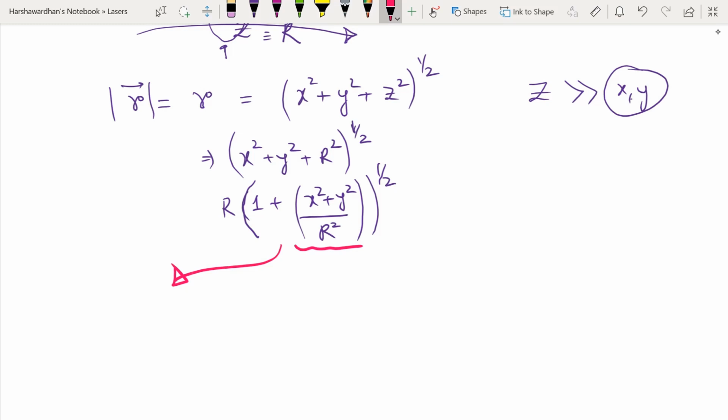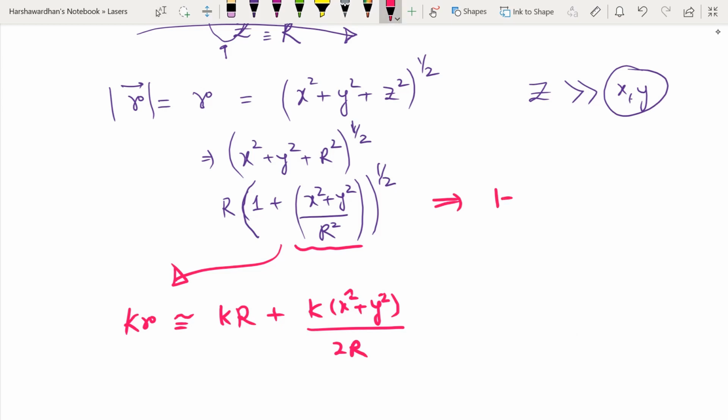term in this expansion. That is, I can write down my k times r, which is simply multiplying that, as approximately k times capital R plus k times x square plus y square by 2r.